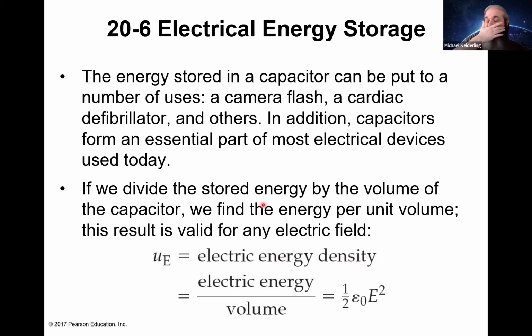It turns out to be consistent. So it's the electric energy per unit volume. It's 1/2 epsilon naught times the electric field squared. And this is an extremely nice thing to know, because now we know the energy stored at any electric field. And it's possible to integrate over this for any sort of distribution of electric fields.